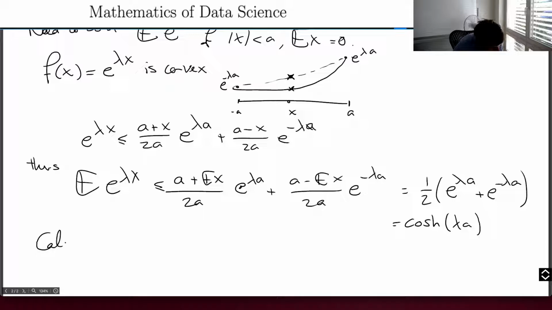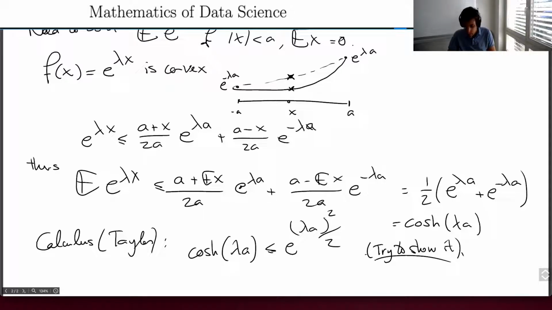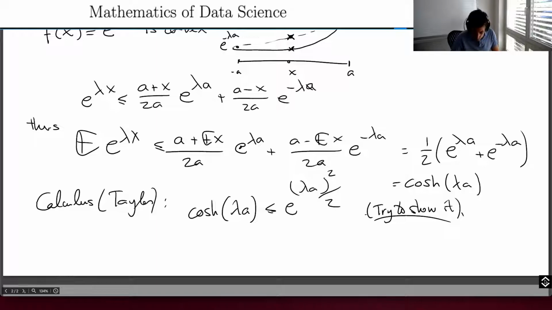Now some calculus. Basically, you have to use Taylor's approximation. It's not so hard to see that the hyperbolic cosine of lambda a is smaller or equal than e to the lambda squared a squared over 2. Try it. Try to show it. It's just calculus here. So what does this mean?